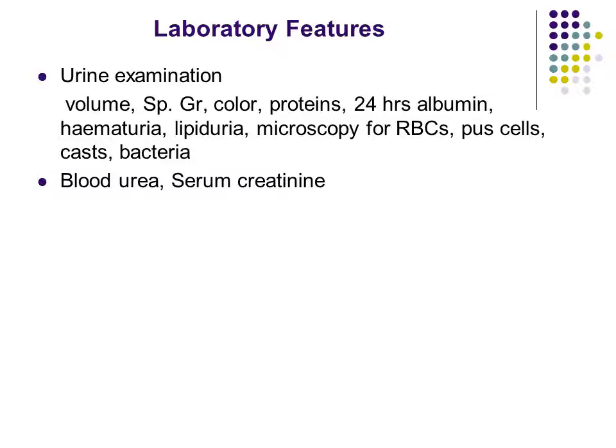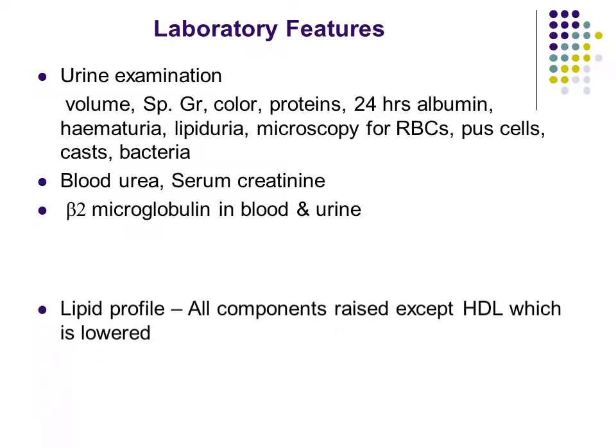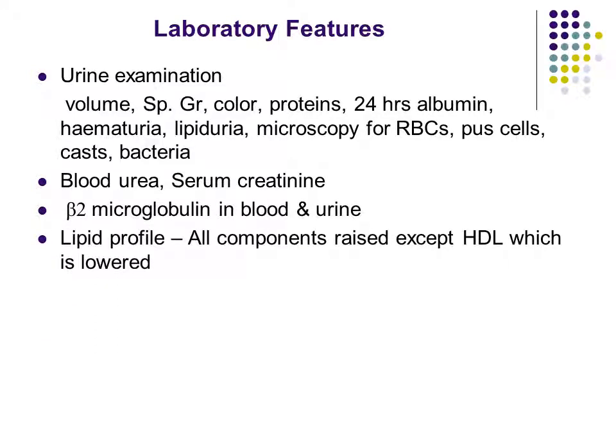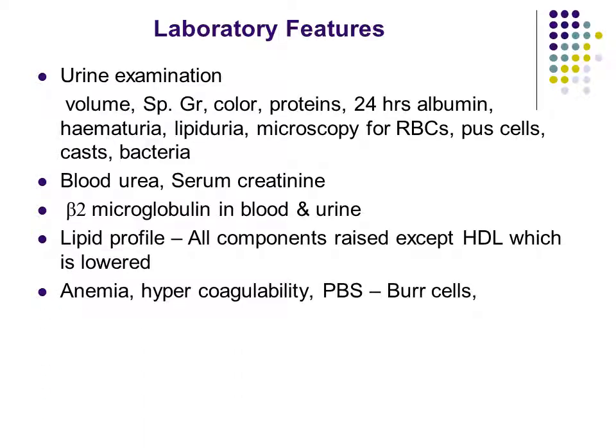Then you can also do blood urea, serum creatinine in this patient, which will be increased. Beta 2 microglobulin in blood and urine can be done. Lipid profile will show that there is an increase in all the components of lipid, that is LDL, VLDL or triglyceride, but HDL is lowered.